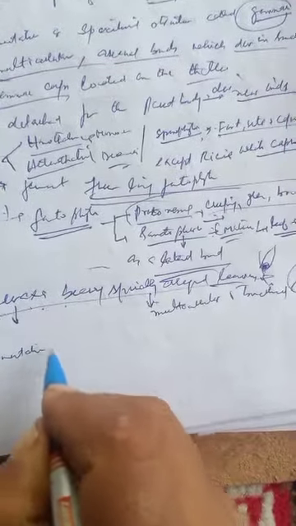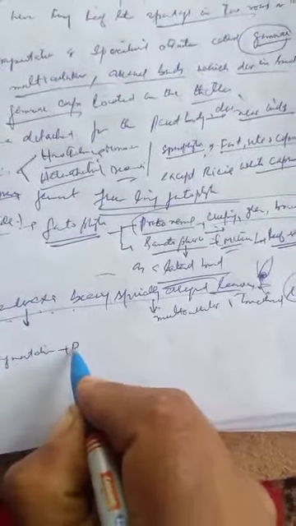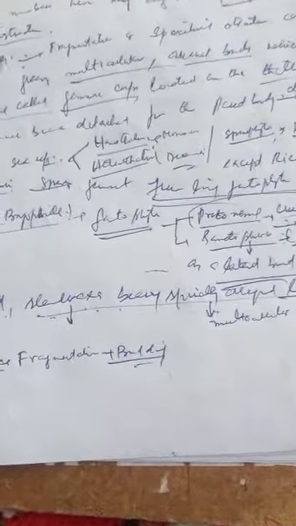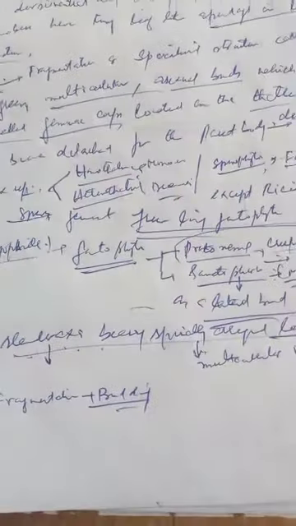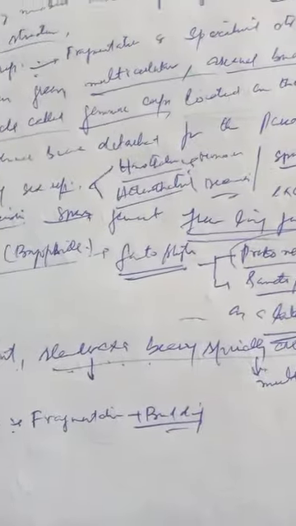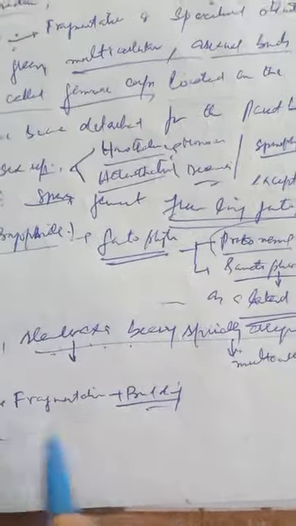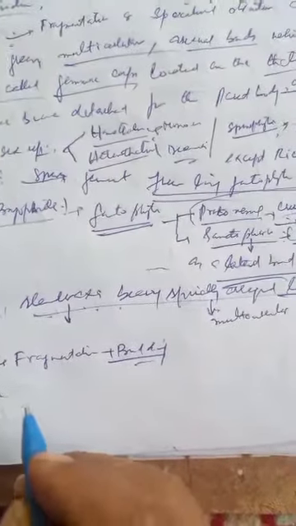Here vegetative reproduction takes place by fragmentation and budding. Gemmae formation does not take place in higher bryophytes, but the second method of vegetative reproduction, that is budding, does.